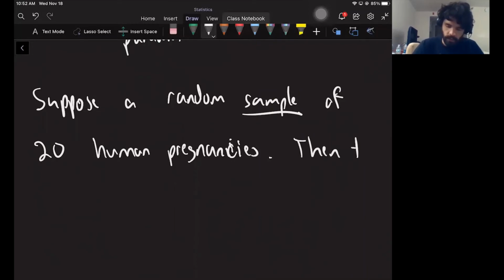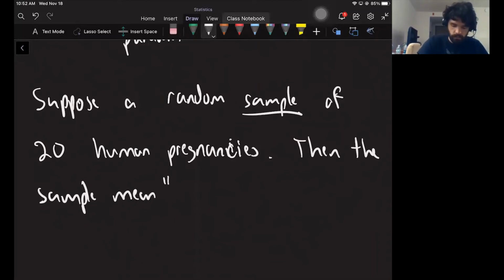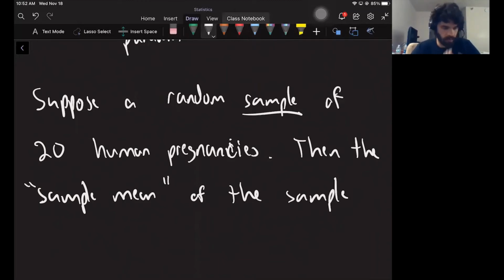So then the sample mean of the sample, that would be a number associated to the sample, and that's why it would be a statistic.